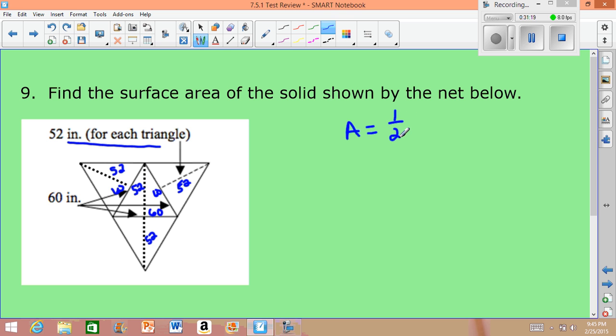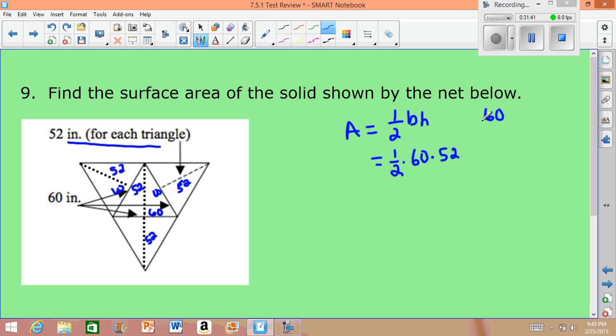So now we just need the area formula for a triangle. That would be 1/2 base times height. And remember, that's little b because we're talking about the base of our triangle. So I have 1/2 times our base of every single triangle is 60, and our height of every single triangle is 52.